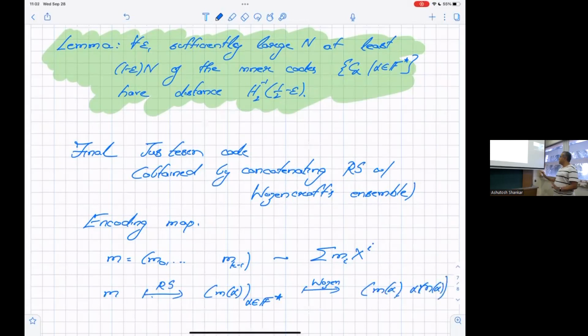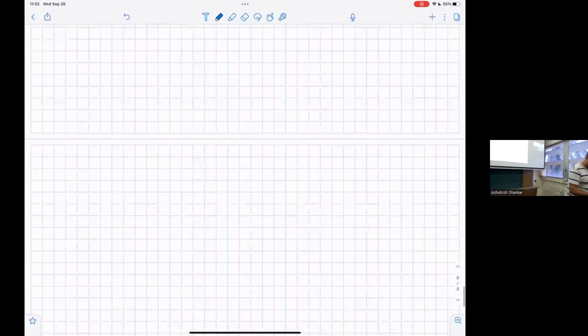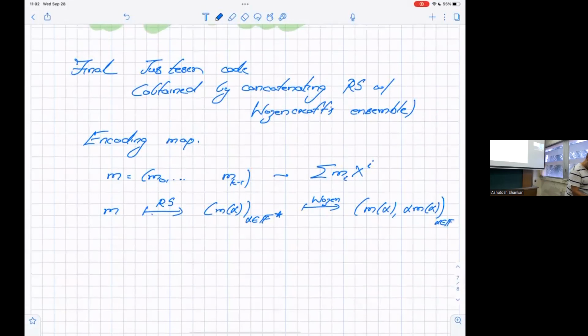That's the entire code. It's a super explicit code.